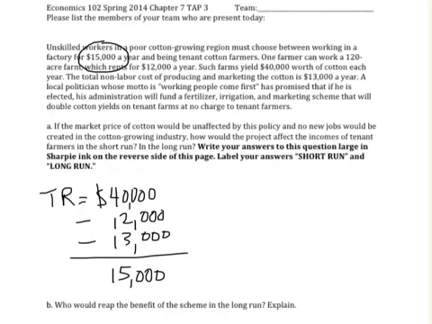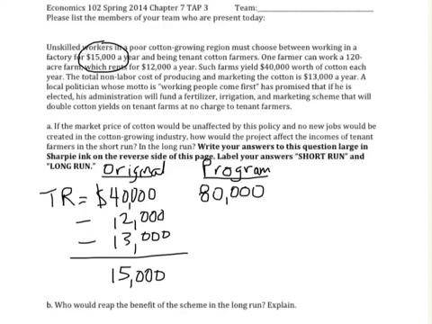Anyway, this program comes into being. So this is the original case. And then this program comes into being, and for just that short time before the effects of the program are manifest, people have their leases, and instead of making $48,000 a year, because of the program they make $80,000 a year.